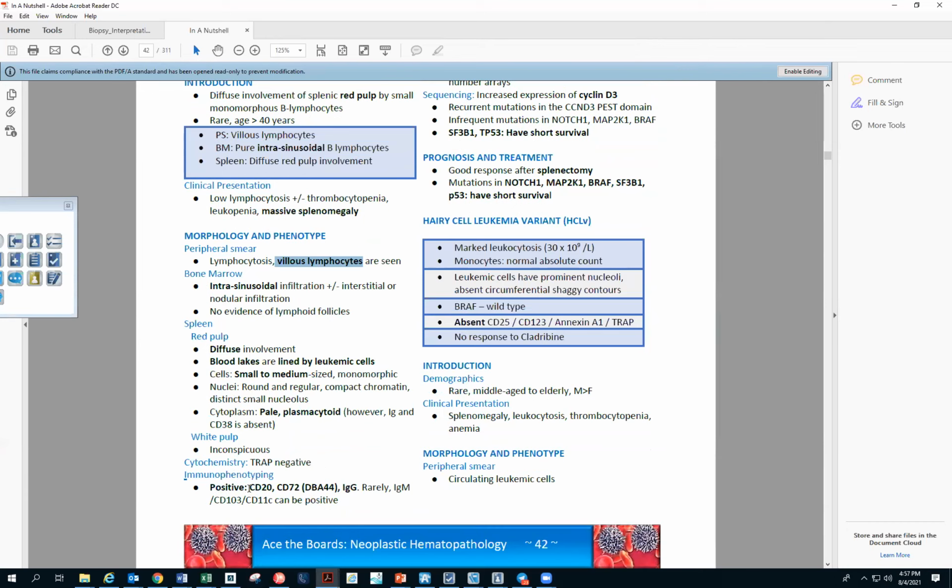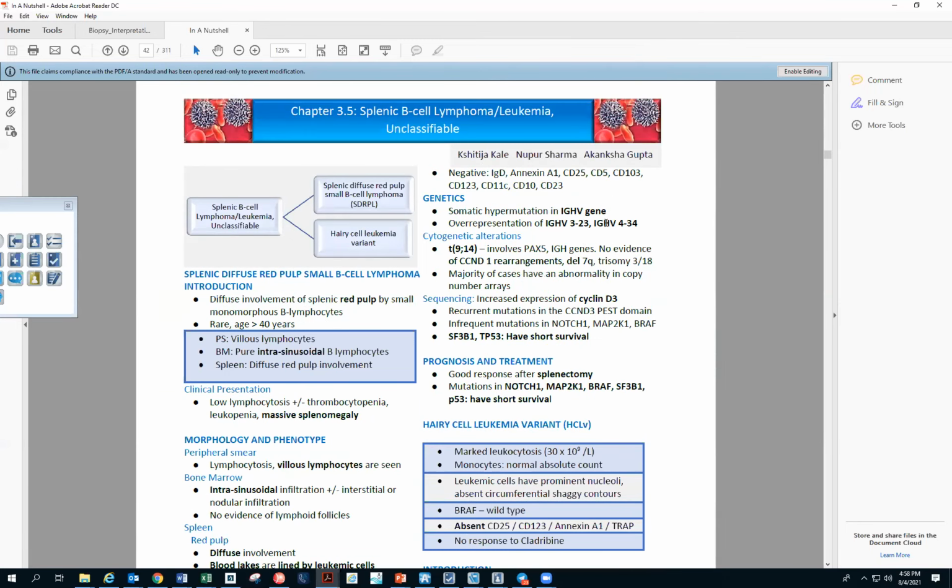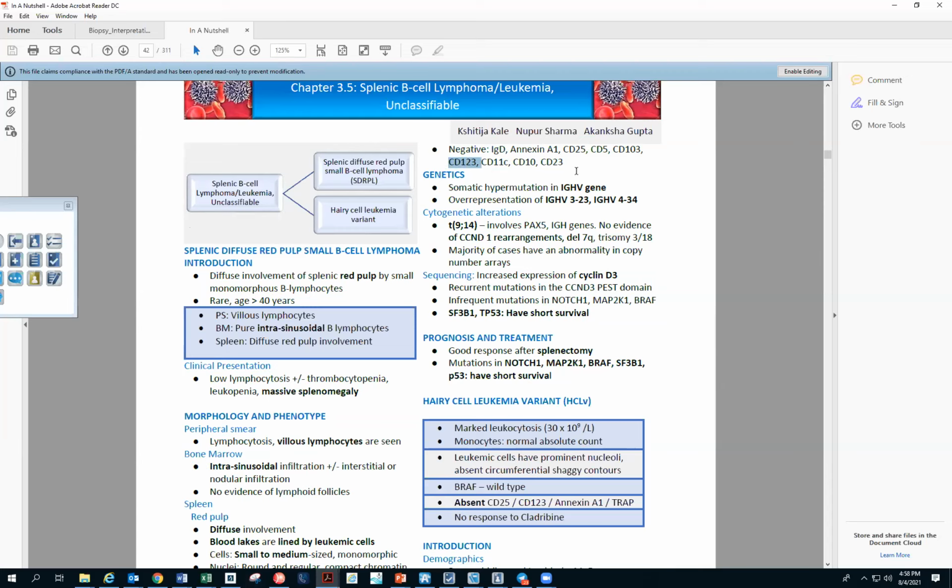So this one is CD20 positive. DBA44 is another one that they have mentioned on this one. And IgG. They can also be 103 and 11C positive. However, the more important or specific markers like annexin A1, 103, 123, 11C can be negative as well. And the others will be negative.